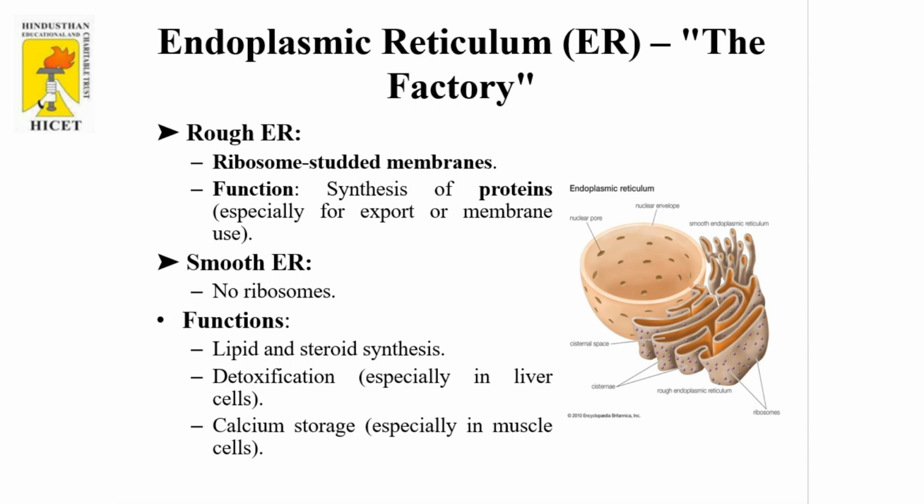The smooth ER is free from ribosomes, and no ribosomes are attached to it. The functions of the smooth ER are lipid and steroid synthesis, detoxification, especially in the liver cells, and calcium storage, especially in muscle cells. These are the functions of the smooth endoplasmic reticulum.